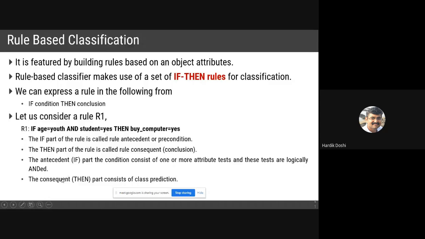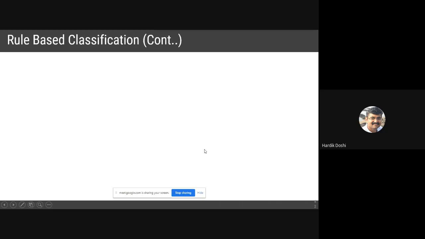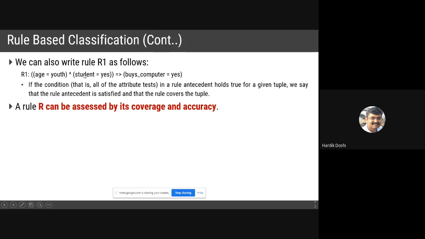And the consequent part consists of class prediction. The consequent, the consequence we get, is always our class attribute. Are you all clear with this example? Then let us represent it in mathematical form.